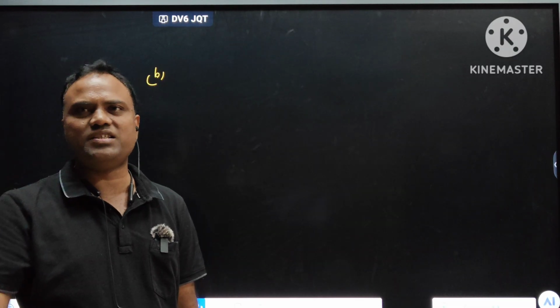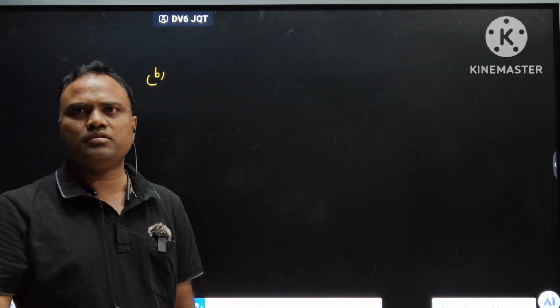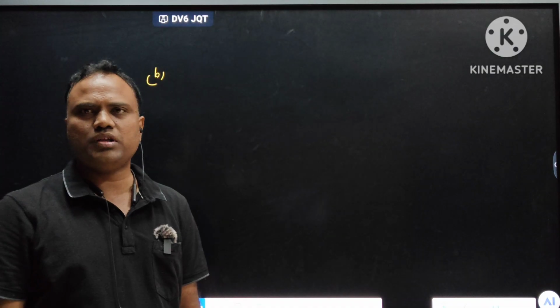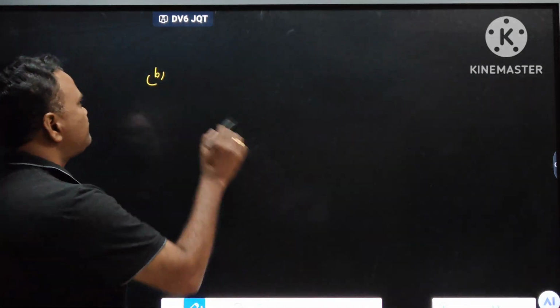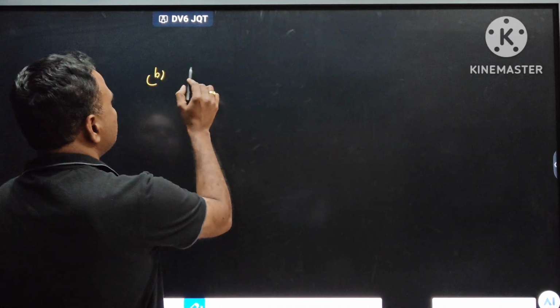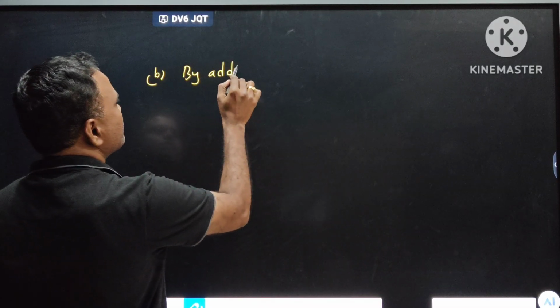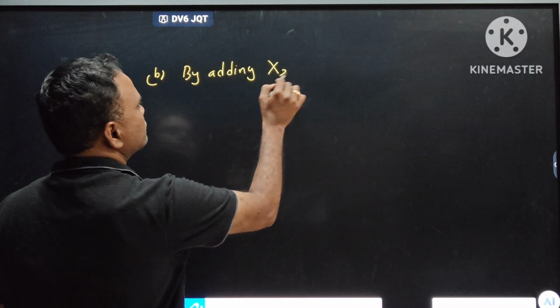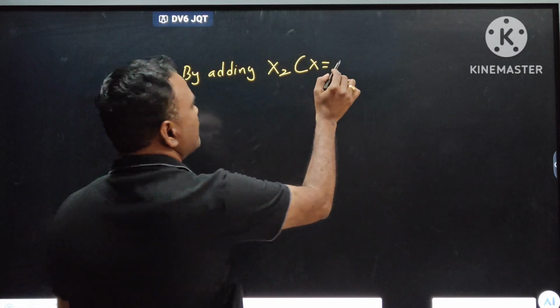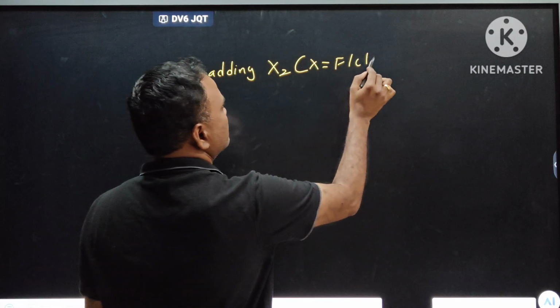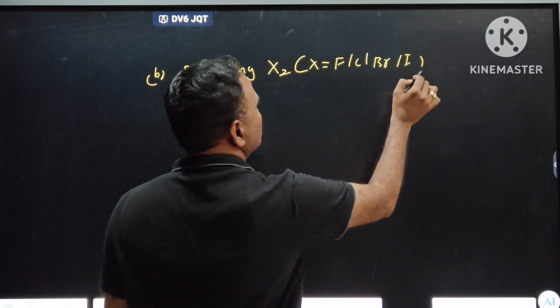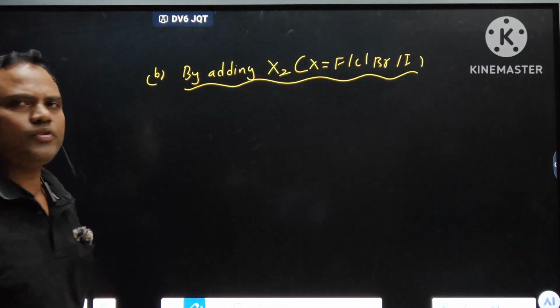The first one is addition of HX, like HCl, HBr, like that. Okay. By adding X2, where X is a halogen: fluorine, chlorine, bromine, iodine. Second method from alkenes only.